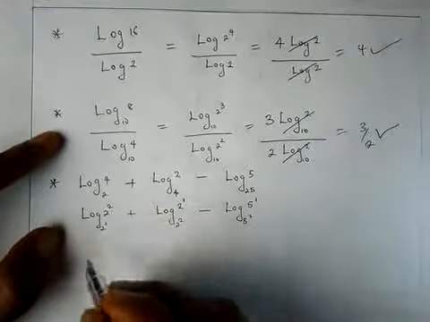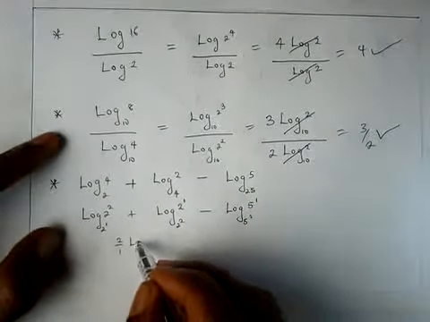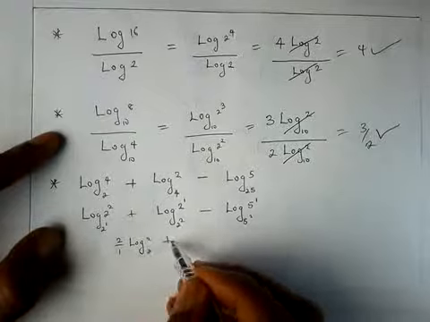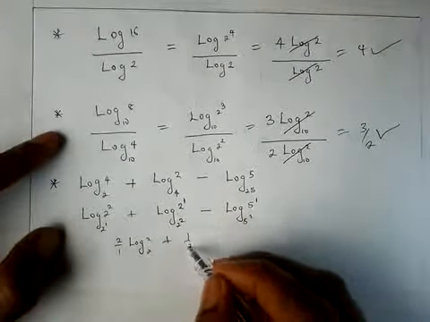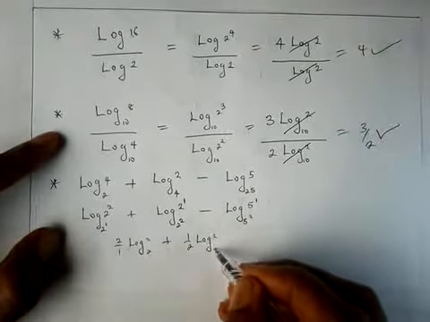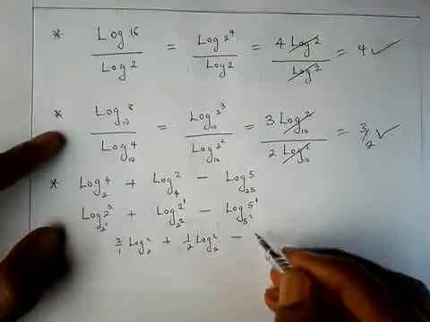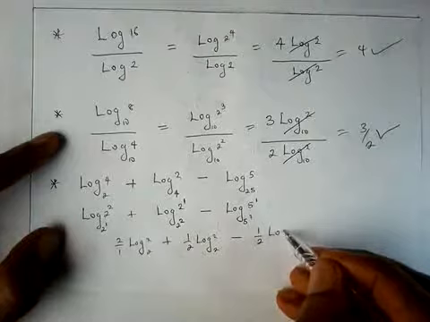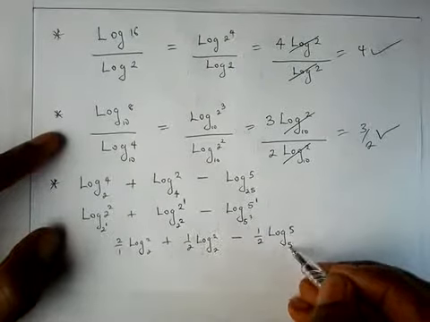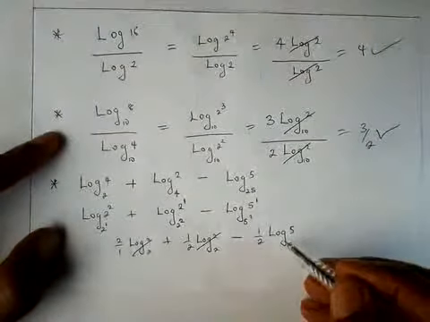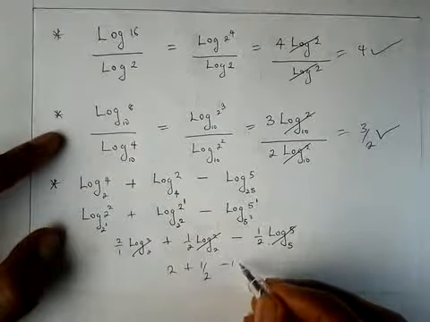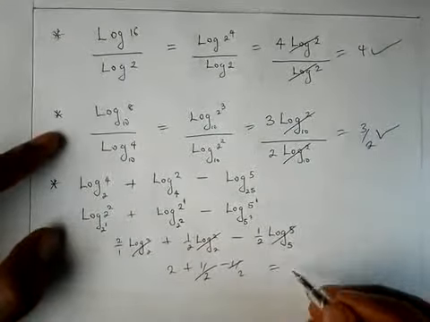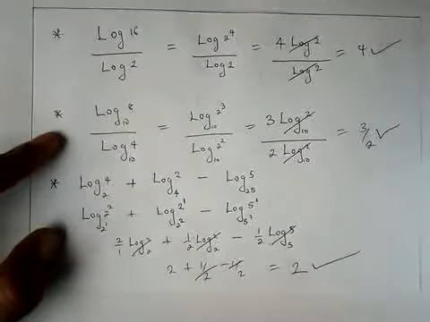So take the powers, 2 over 1 log 2 plus take the powers 1 over 2 log 2 minus take the powers 1 over 2 log 5. This is 1, this is 1, this is 1. So that is 2 plus 1 over 2 minus 1 over 2. And that is 2.